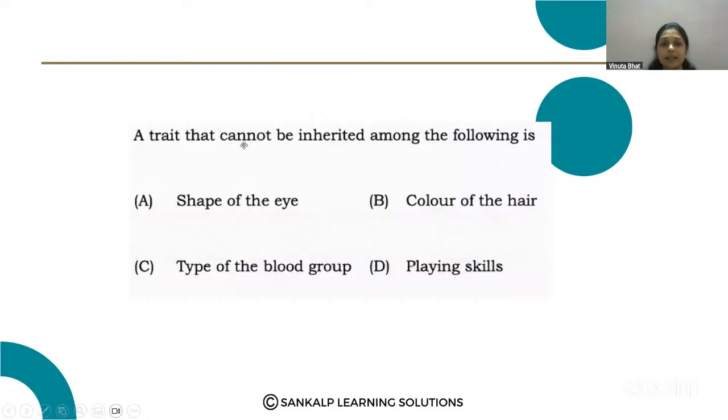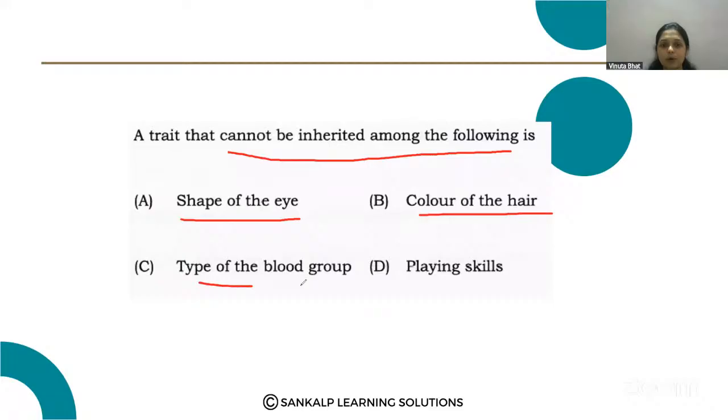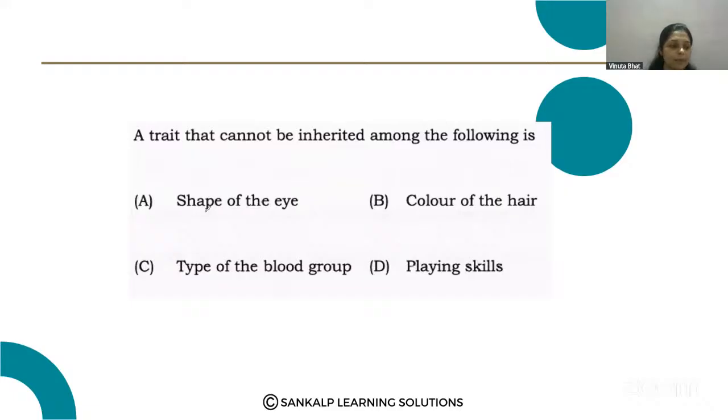Yes, a trait that cannot be inherited among the following is: option A, shape of the eye; color of the hair; type of blood group; playing skills. Which cannot be inherited from the parents to the next generation? Yes, anybody?